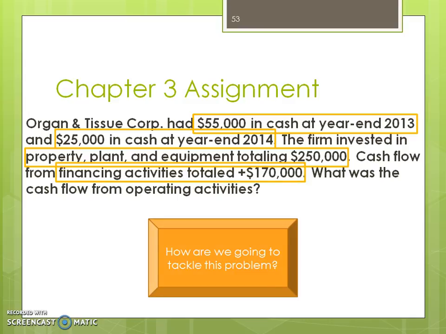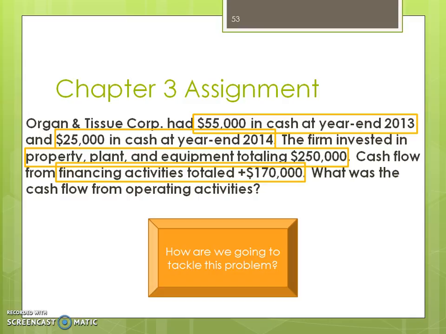All right, so again, I'm going to look at all these things we've highlighted, and all of them have to do with cash. So I'm thinking this has to do with the statement of cash flows. Again, we can refer to that example in our book to help us out. We want to know what cash flow from operating activities is.